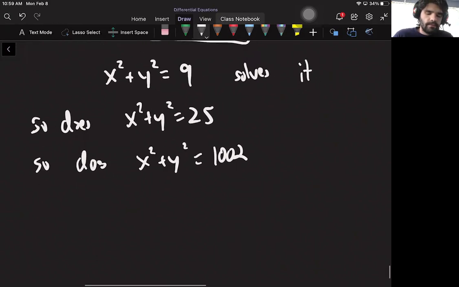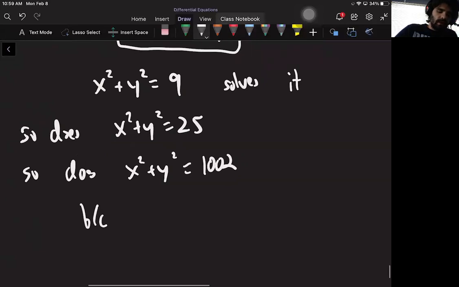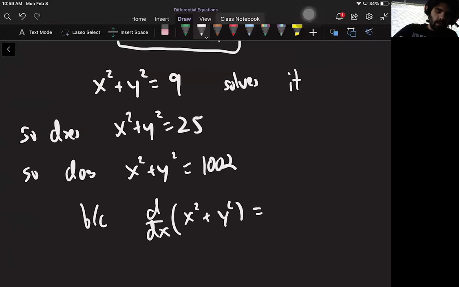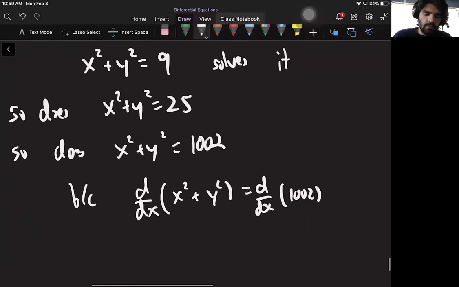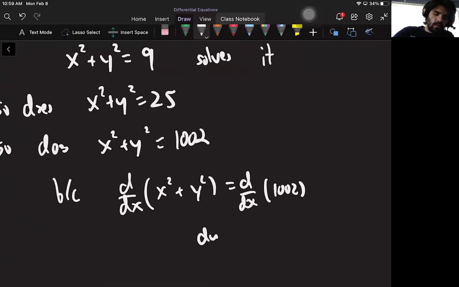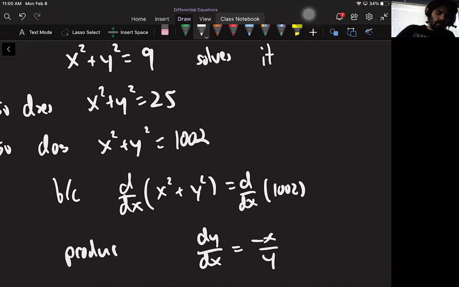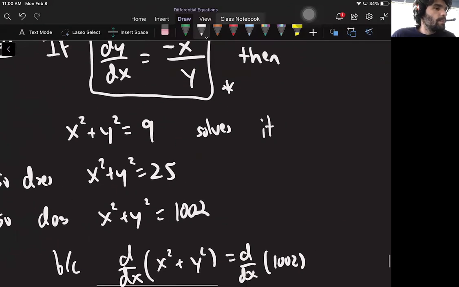And it's because if I apply the d/dx to both sides of the relation, I am going to create this differential equation just by solving the same way as I did last time. I'll get the same thing.